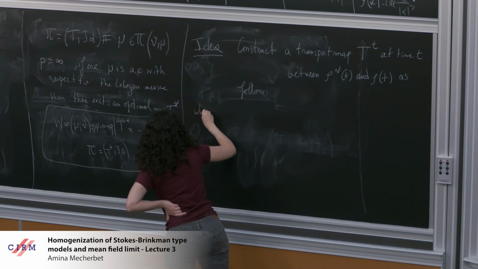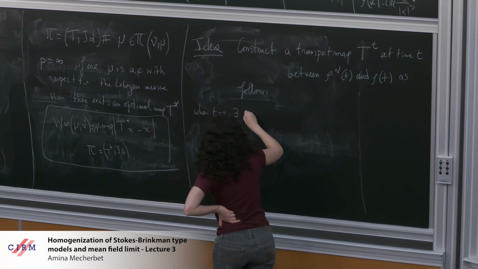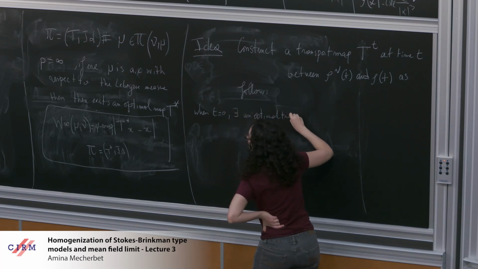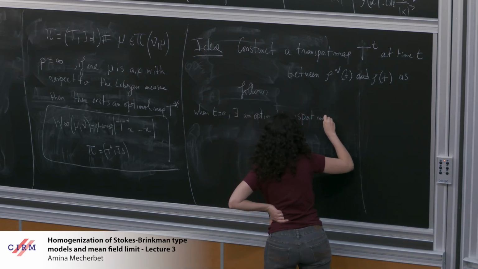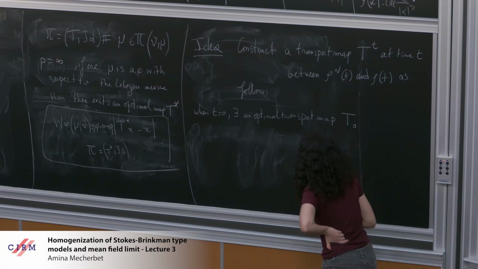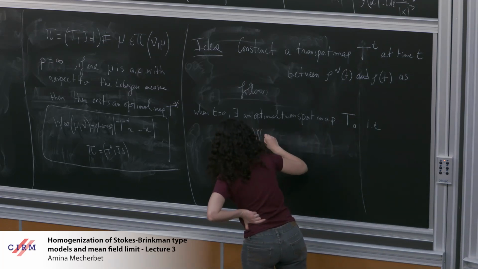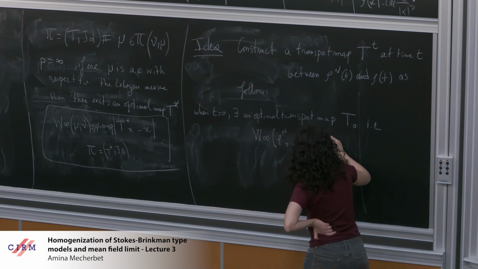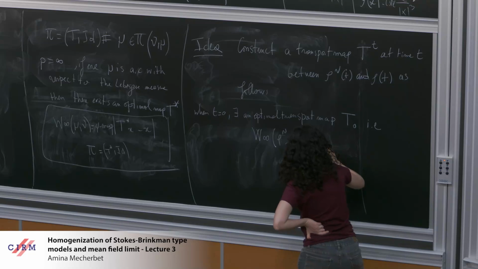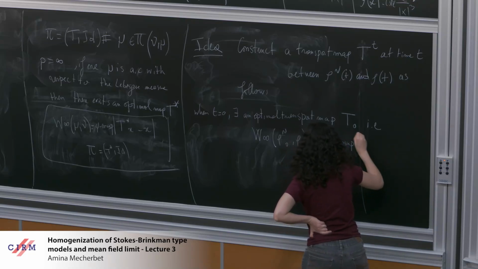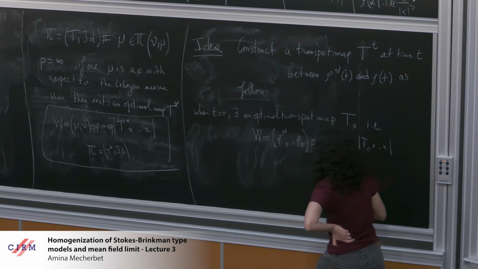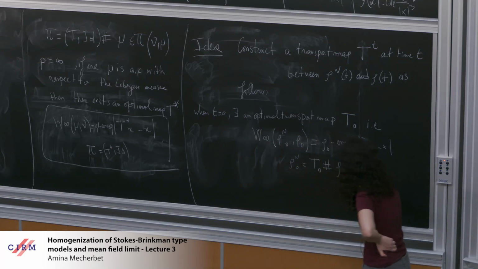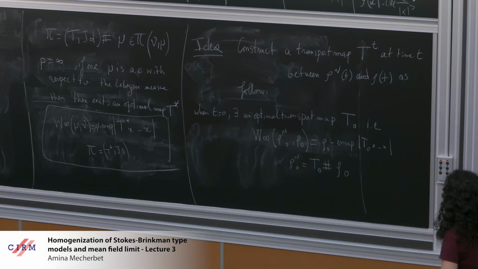So when t equals 0, there exists an optimal transport map that I will call T0, meaning that the Wasserstein distance between rho n0 and rho 0 is the essential supremum of T0 x minus x, where rho n0 is the push forward of rho 0 through this map. So this holds at time 0.